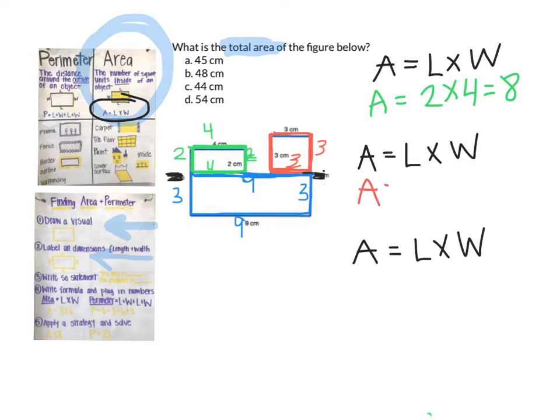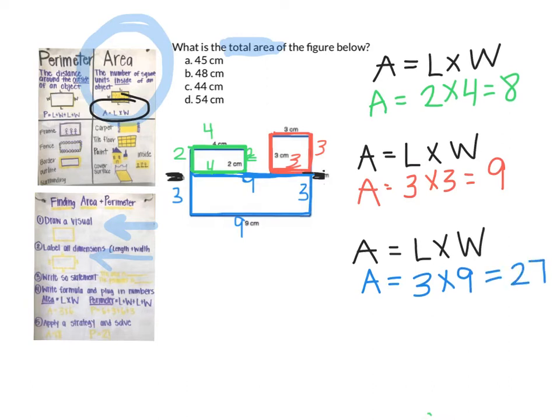My length is 3. My width is 3. 3 times 3 is 9. Moving on to my blue rectangle. My length is 3. My width is 9. 3 times 9 is 27.